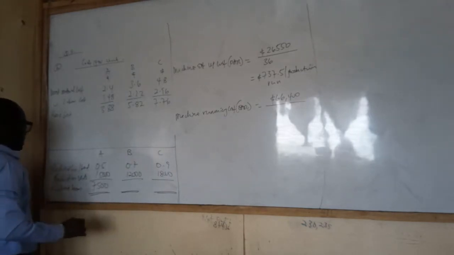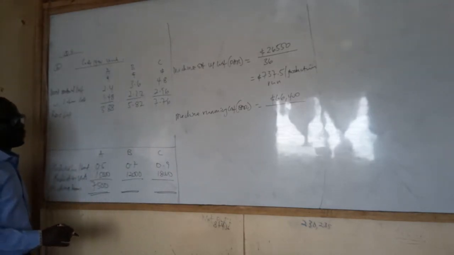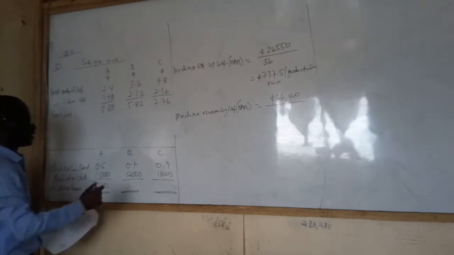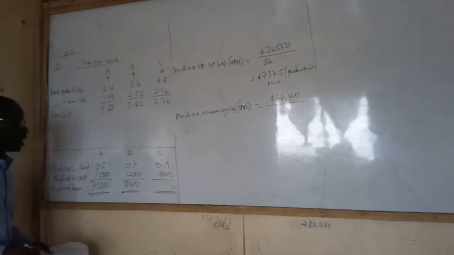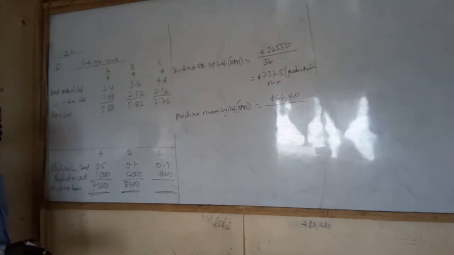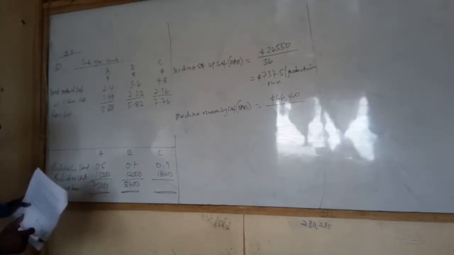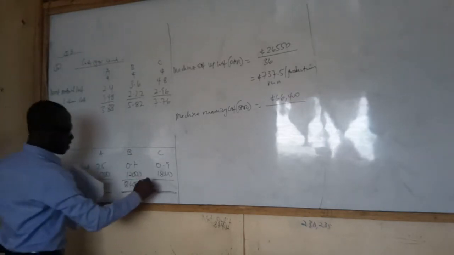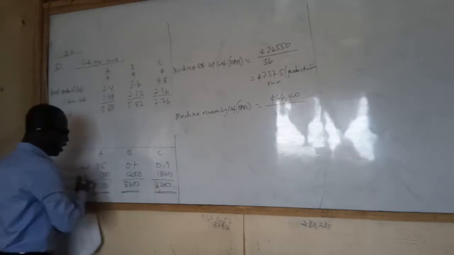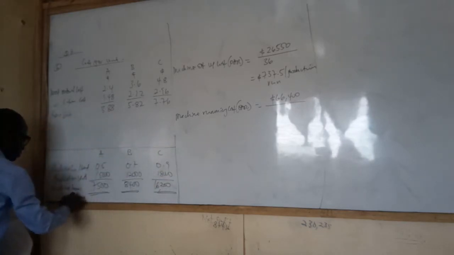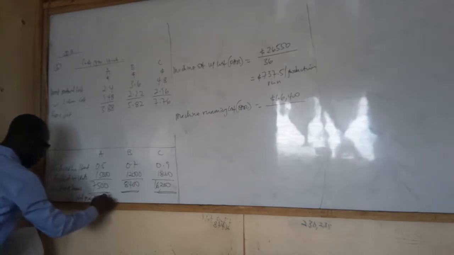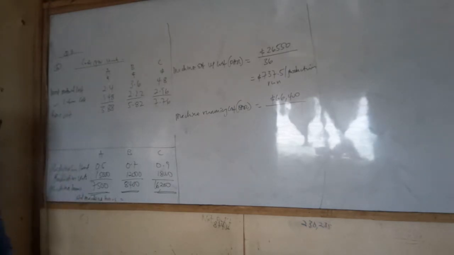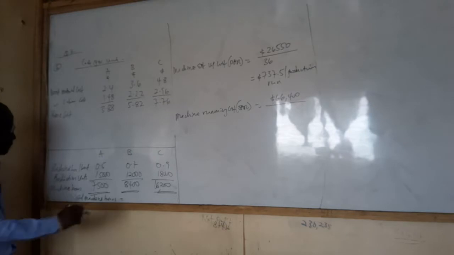Please stop writing and let's punch together and confirm when we finish. 10,000, 8,400. Then the last one, 16,200. Now give me the total. So total machine hours: 32,100.